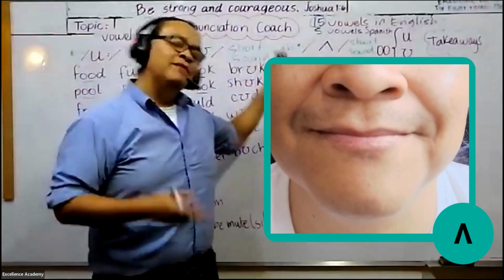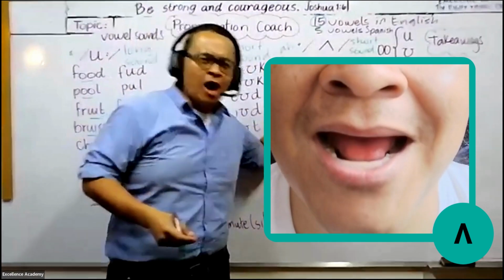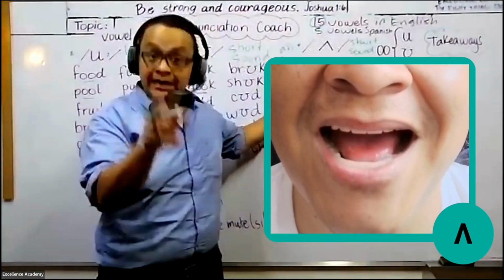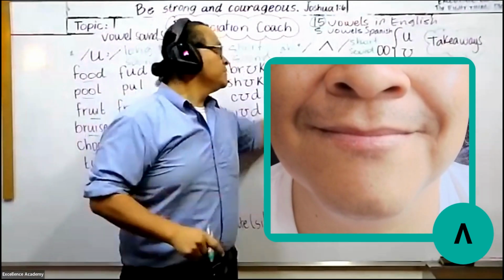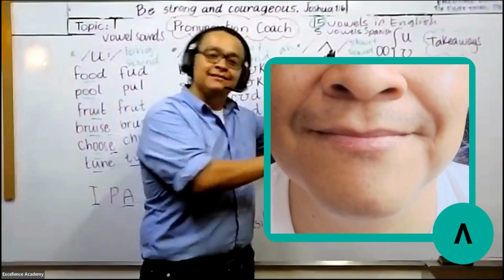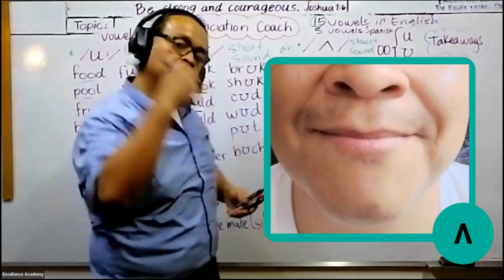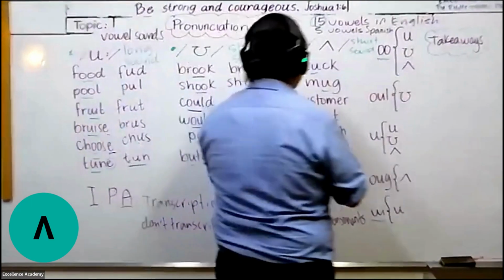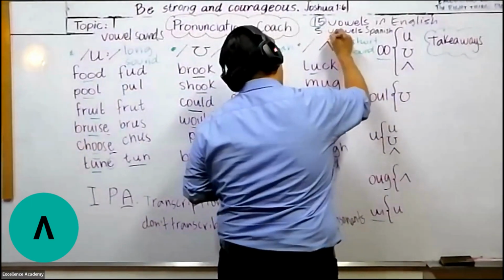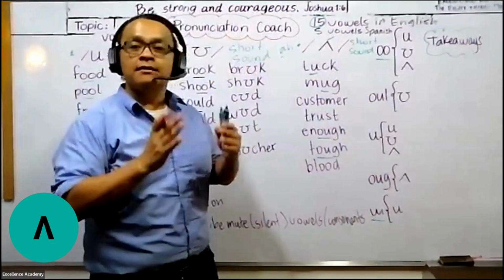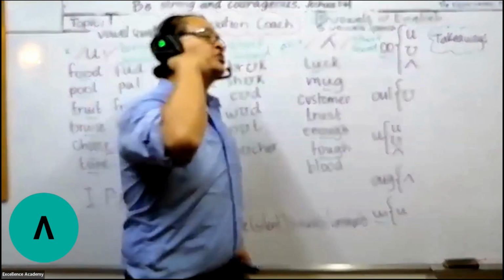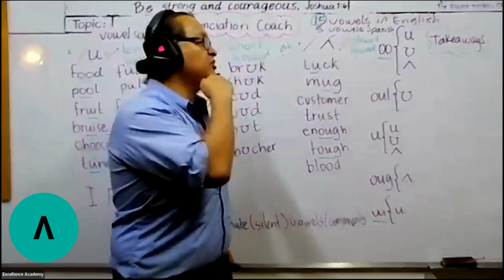Now, you might think, Mr. E, that sounds like the schwa. It does, but there's a difference. This is the accented schwa, if you want. This vowel is always accented. So there's always an accent. Right? You can check it like this. You put your hand underneath your jaw.